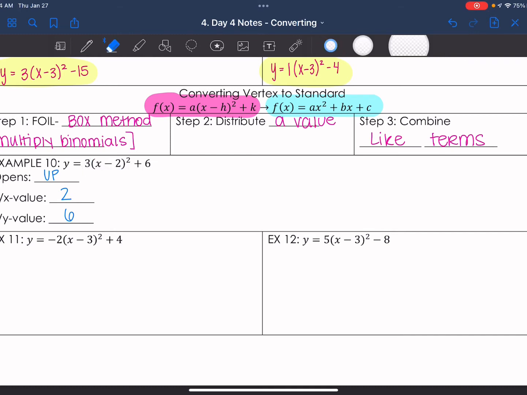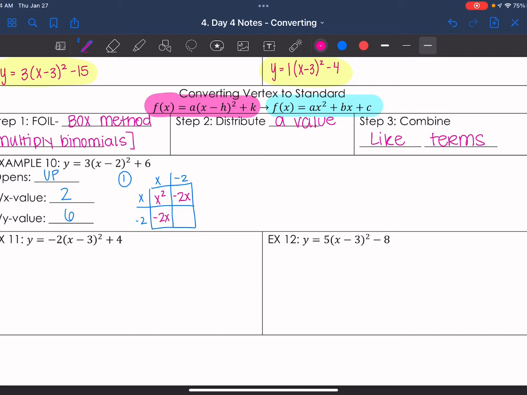So now we're going to start off with step 1, and I'm going to be using the box method. So I'm going to multiply x minus 2 to x minus 2. X times x is x squared. X times -2 is -2x. X times -2 is -2x.